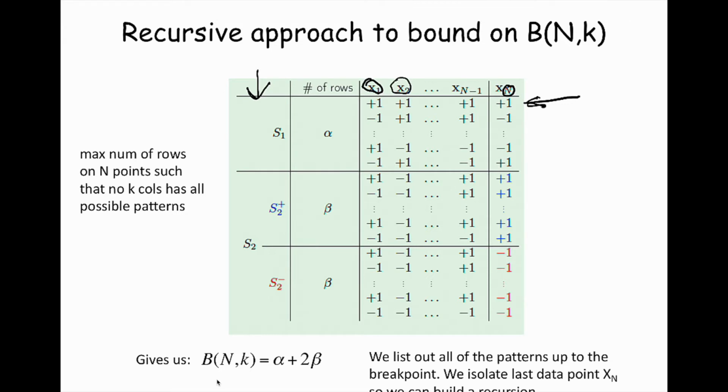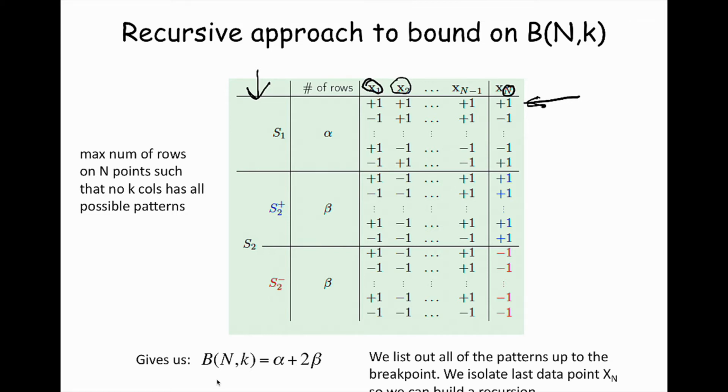And then the k part talks about the breakpoint. There's a direct relationship between the breakpoint k and the number of rows in this table, because the number of rows is going to be something less than 2 to the k, since the breakpoint by definition is the data set size such that the function can no longer generate all possible 2 to the k dichotomies.